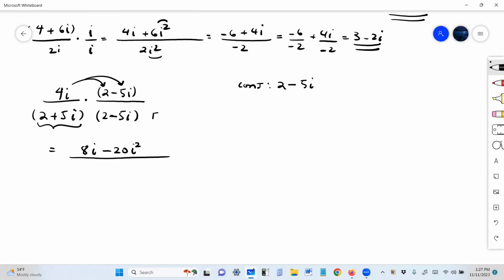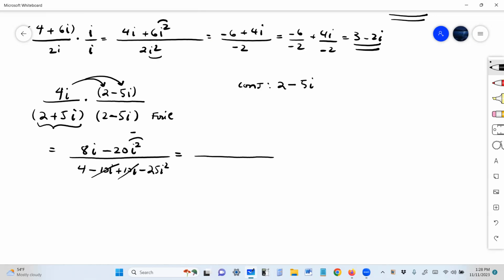The denominator we have to FOIL, but something special is going to happen. The two middle terms will cancel. So 2 times 2, 4. 2 times minus 5i, minus 10i. 5i times 2, positive 10i. And 5i times negative 5i, minus 25i squared. So look, minus 10i, positive 10i cancel. This is always going to happen when you multiply by the conjugate.